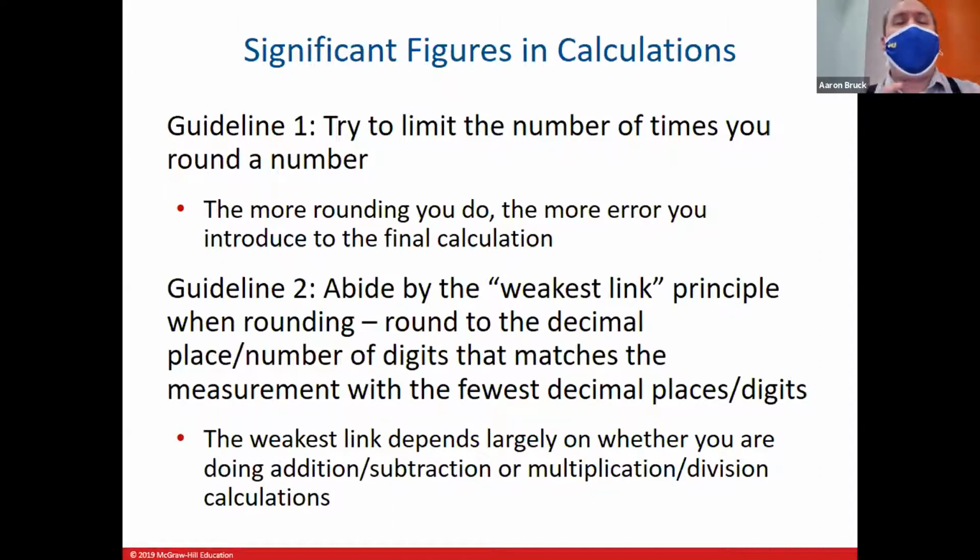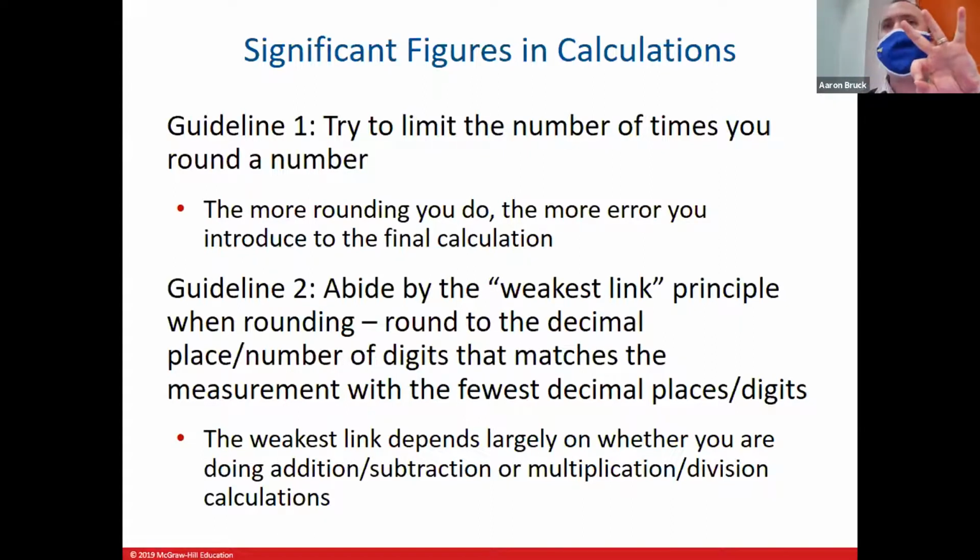So if I'm doing my multiplication and my division, I'm always going to round according to the weakest link principle, meaning if I have a number that has 4 sig figs, and a number that has 5 sig figs, and a number that has 3 sig figs, I'm going to round to the one that is the weakest, the one that is the most uncertain. The most uncertain would be the one that has the 3 significant digits.